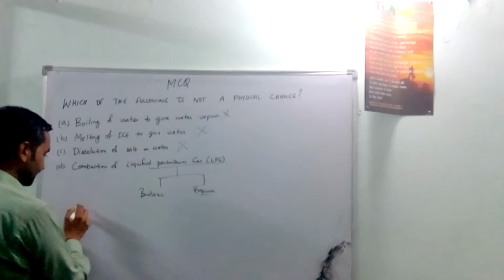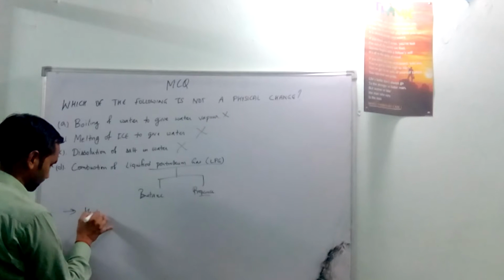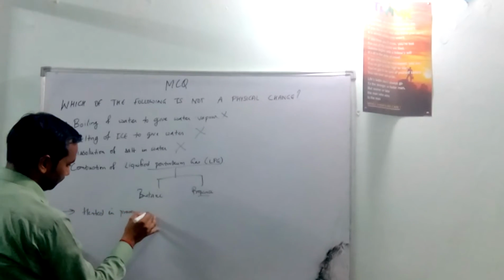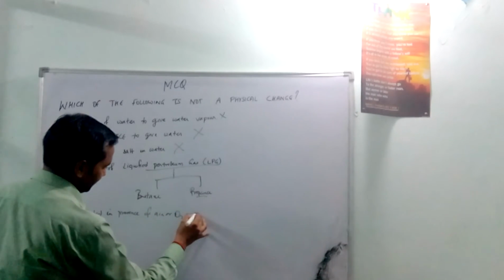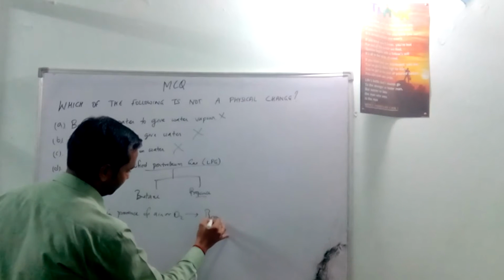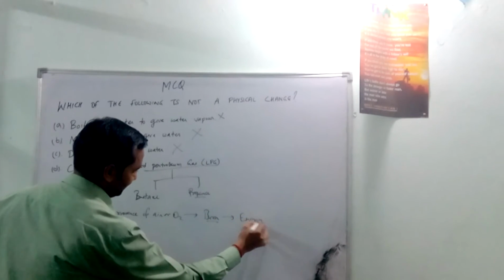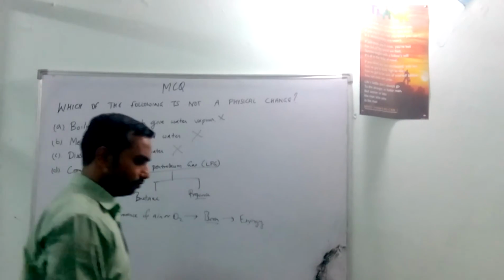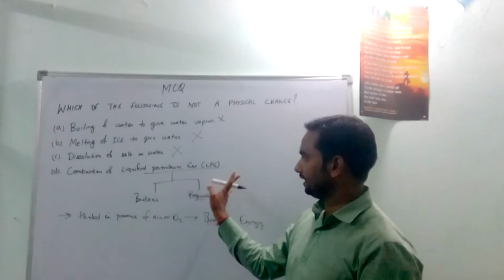When heated or when it catches fire in the presence of air or oxygen, it burns to produce energy, and this LPG is converted into heat energy. This chemical energy is converted into heat energy.